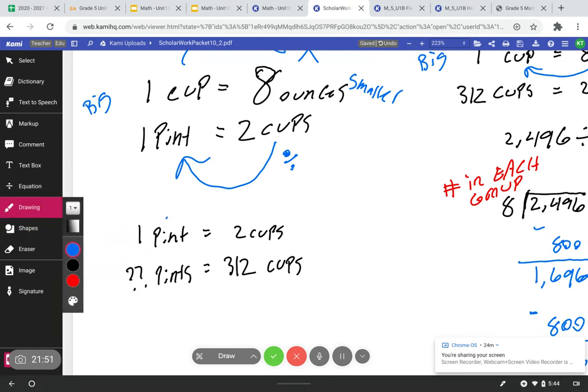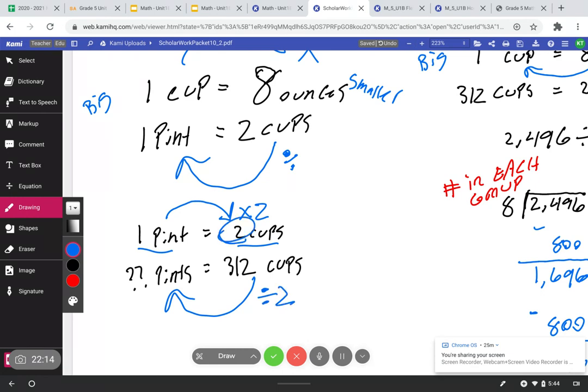So remember, when we go from a big unit to a smaller unit, we multiply. And the ratio is 1 pint to 2 cups. So we're going to multiply by 2. And when I go from a smaller unit to a bigger unit, such as cups to pints, I'm going to divide. And the ratio stays the same.